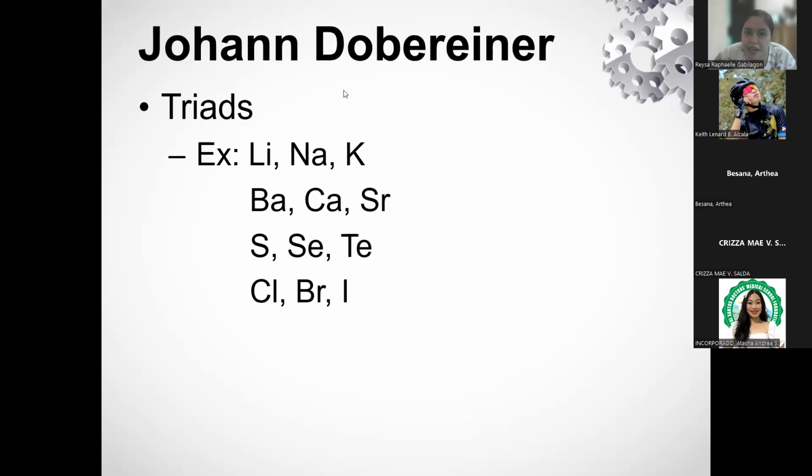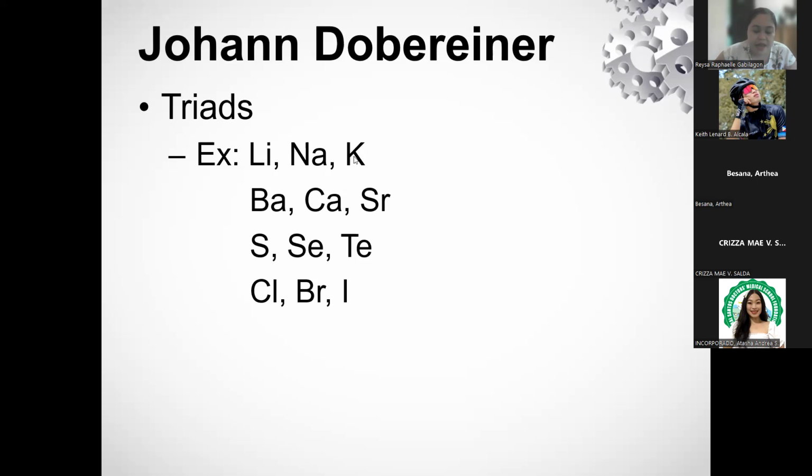Johann Dobereiner was the one who made the law of triads. What he did was group the elements into threes, and this grouping was according to their properties. He observed that, for example, lithium, sodium, and potassium behaved the same.